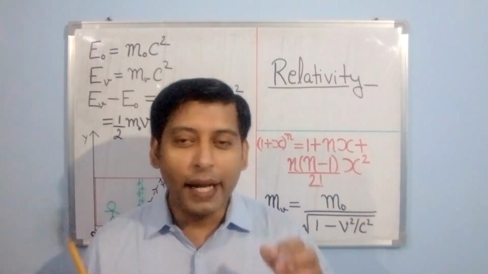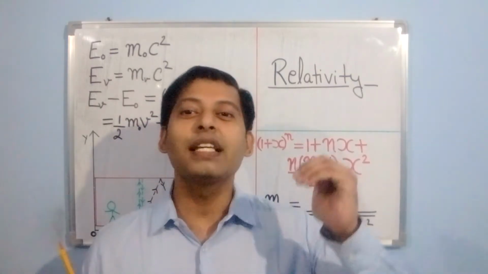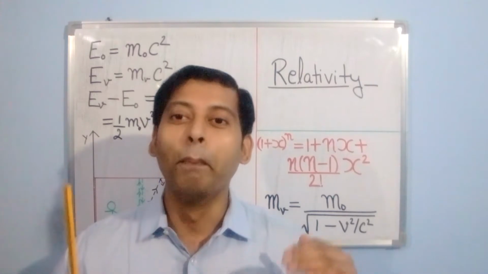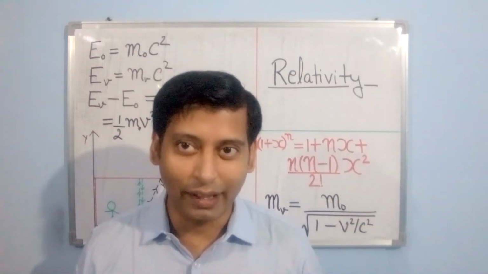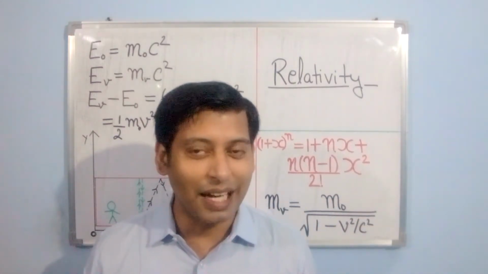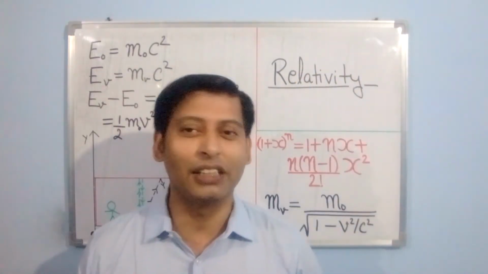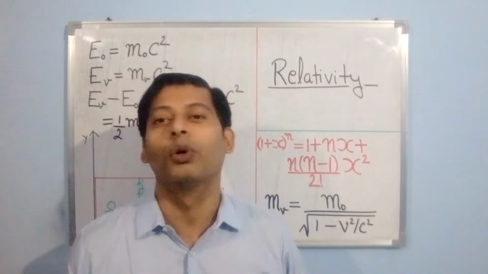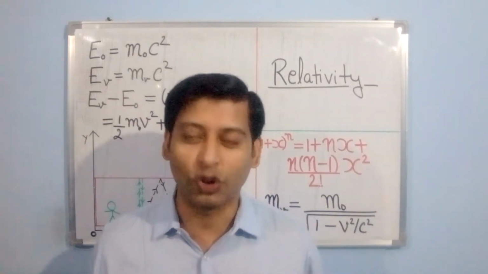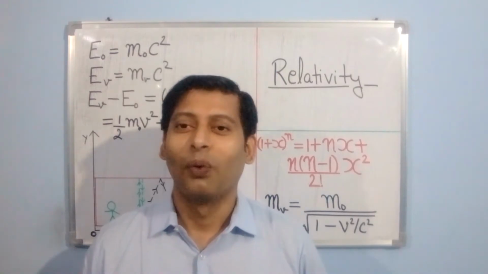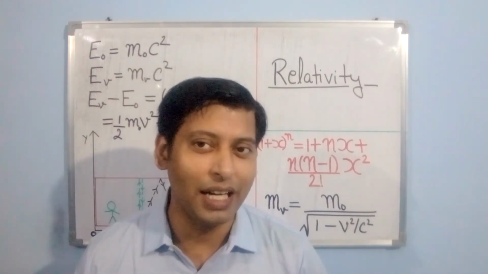To place a body at a higher speed, we require more work, which will be stored as higher kinetic energy by the body, and the formula for kinetic energy you all know is half mv square, right?